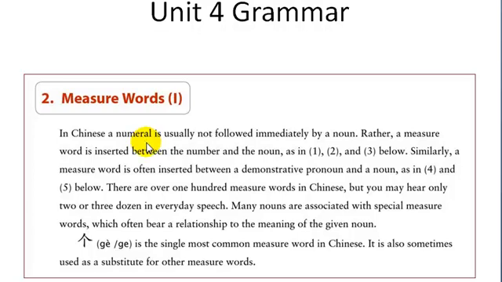The most common one that you learned just now is 个, 一个, right? But you'll notice here that there are over 100 measure words in Chinese. But you may only hear 2 or 3 dozen in everyday speech, and you'll learn these as the lessons go on.